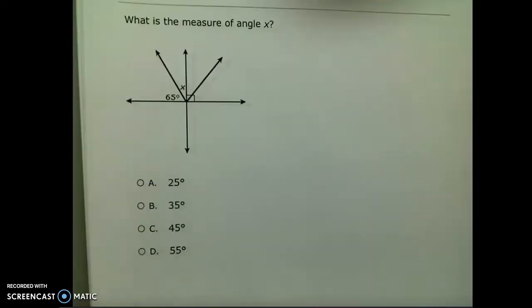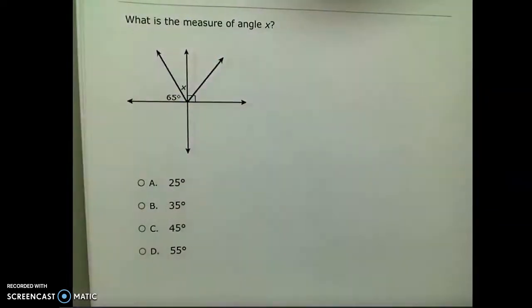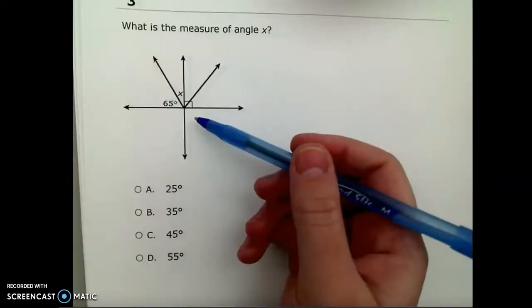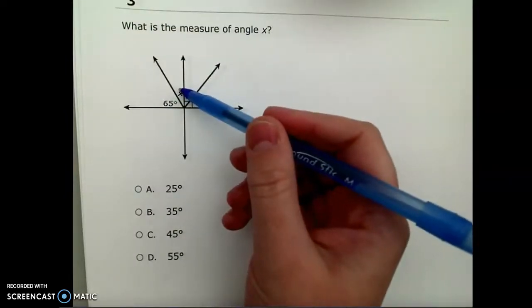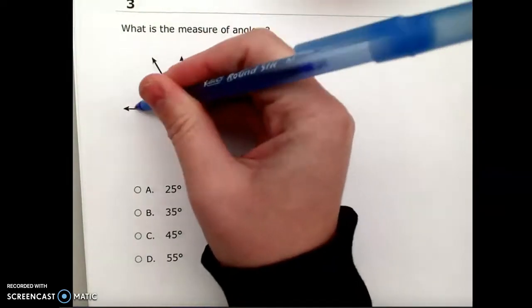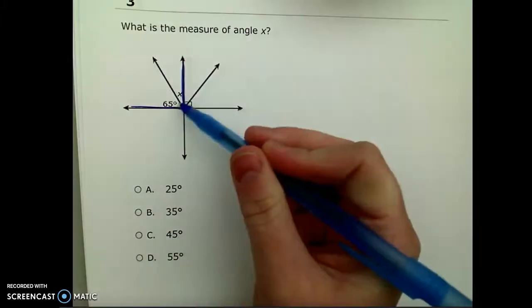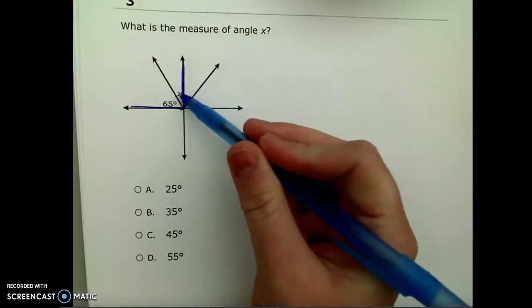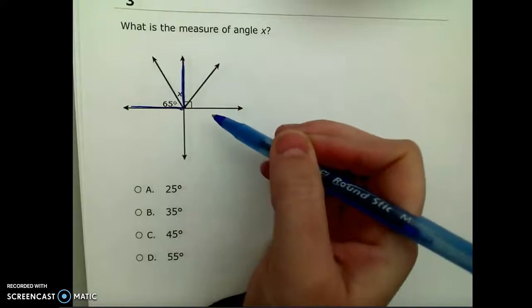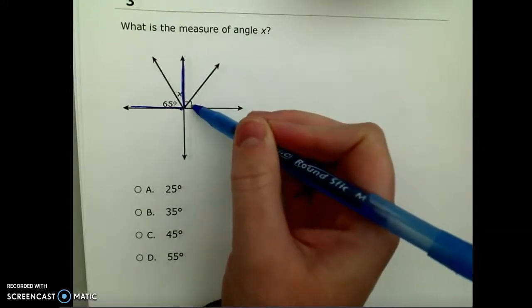Another interesting thing that you'll see when dealing with angles is sometimes the question is going to give you too many lines. In this situation, since I'm trying to figure out what x is, all I really need to focus in on is this angle right here. We've got 65 plus x, and we know it needs to equal 90 degrees, because this one's 90 degrees.